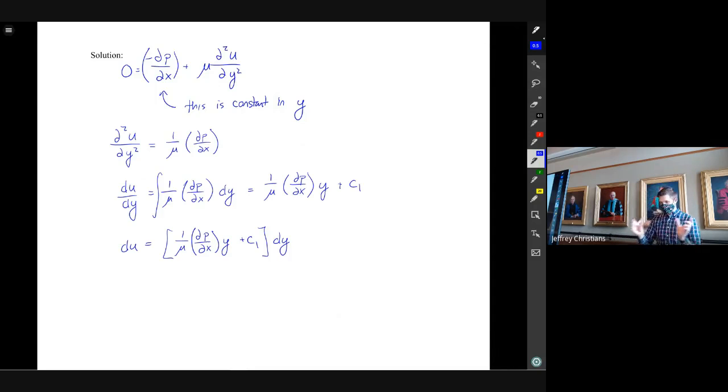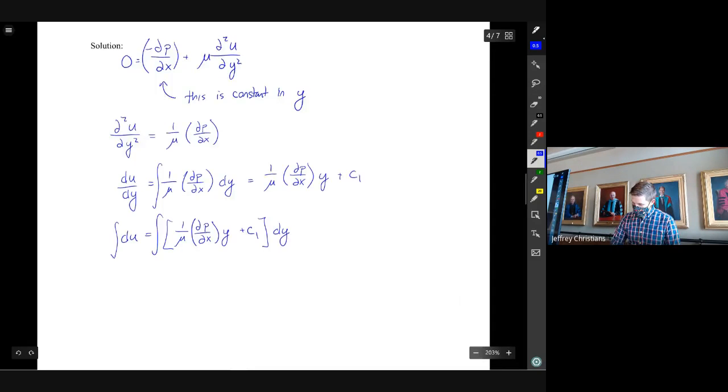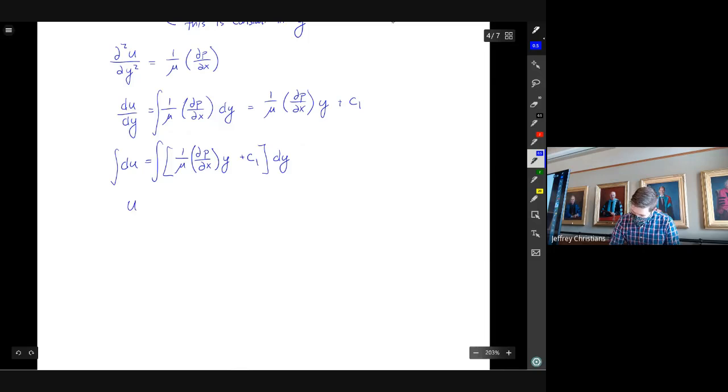So we can split up our differential, then integrate both sides. This would give us u equals, okay, so we have a group of constants times y dy.